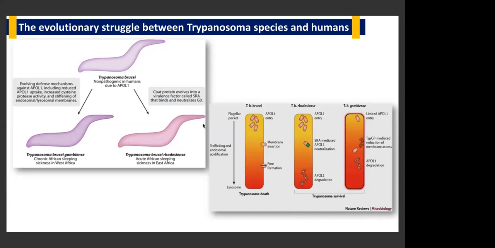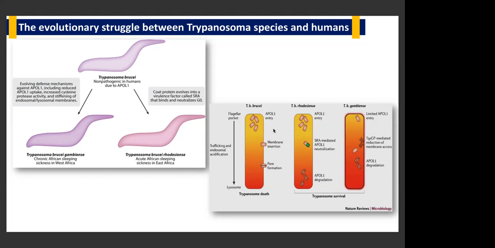Around 10,000 years back, it evolved into two subtypes, Trypanosoma brucei rhodesiense and Trypanosoma brucei gambiense. These two new species of trypanosoma are able to infect human beings and cause sleeping sickness.